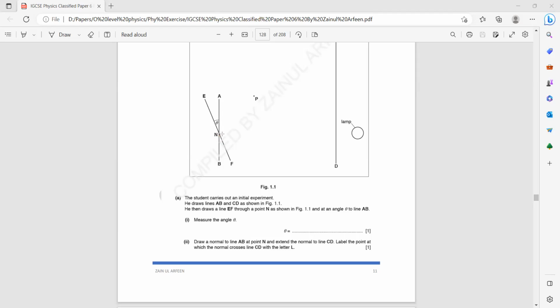So if this is a line, we have to draw 90 degrees, and we have to continue this line until it meets a point on line CD, and we have to label that point as L. Don't forget to mark those points as they mention, because sometimes we have to measure the lengths. So this is N and L, and L is the point where the line crosses or touches CD.